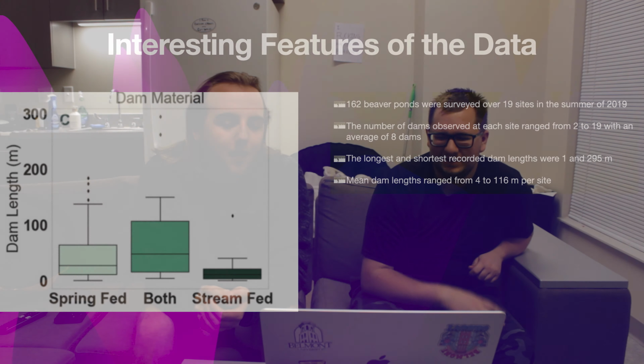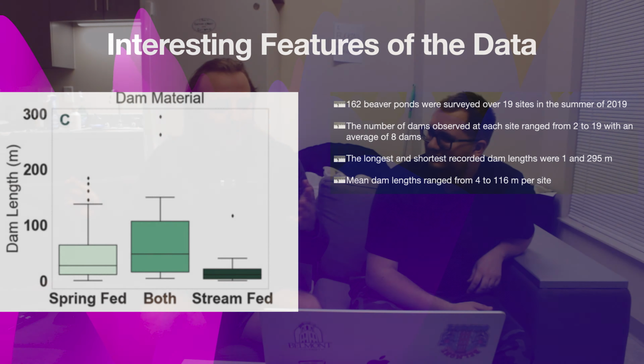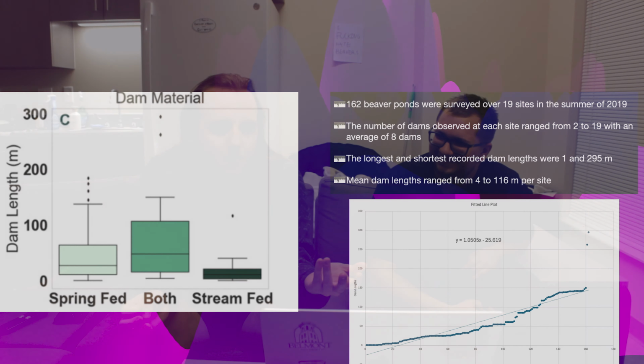Now, some interesting features of this data. Very interesting. This is so approximate that it was hard to even get a few numbers. But in trying to get a decent approximation, we got these facts from this.